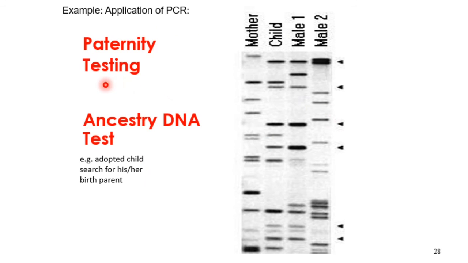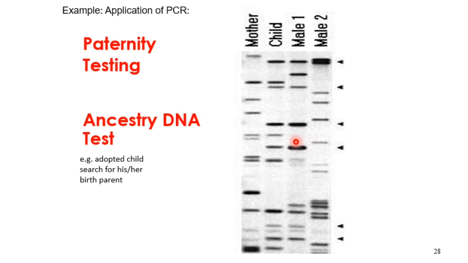Another use is paternity testing or ancestry DNA, when you have an adopted child, for example, and you have the mother. Again, you can match here and look at the suspected father.